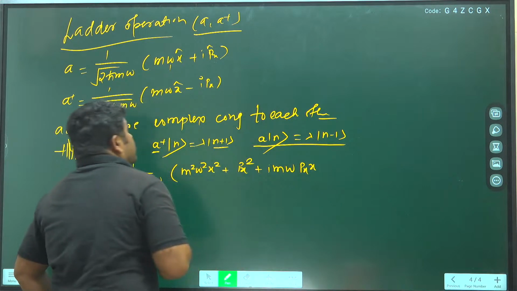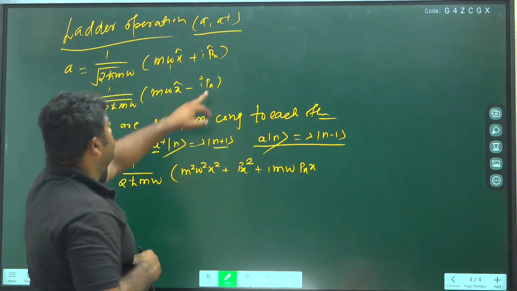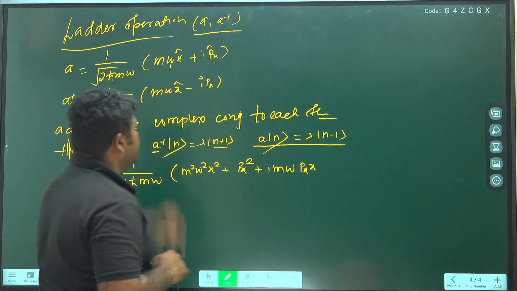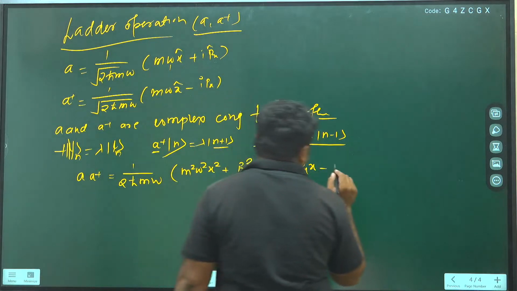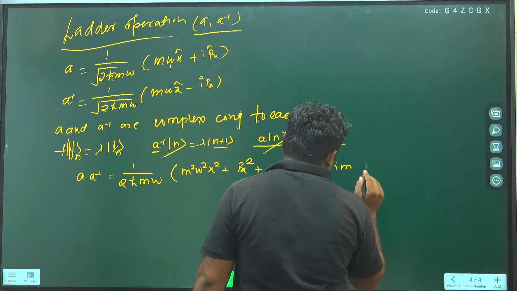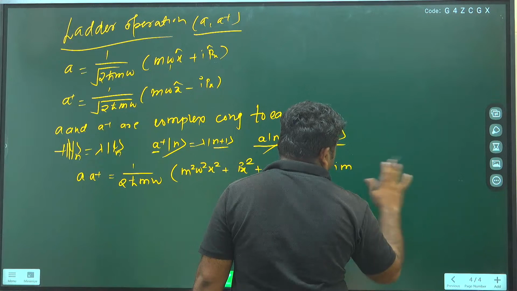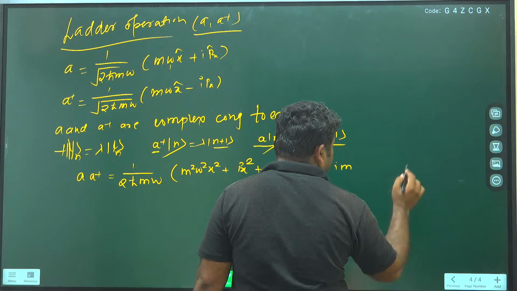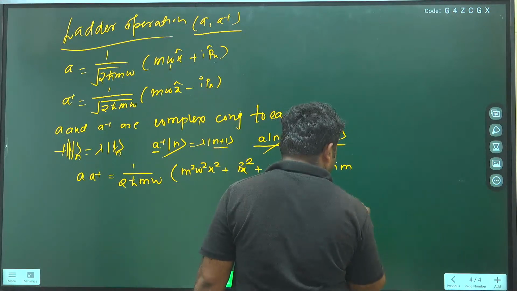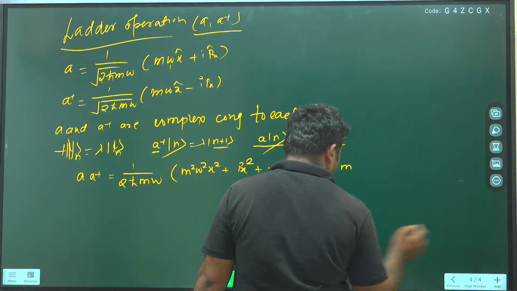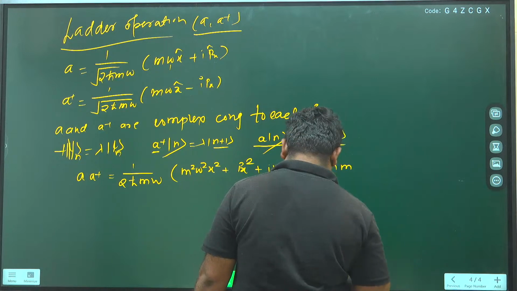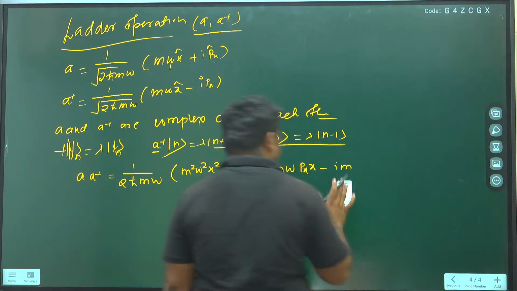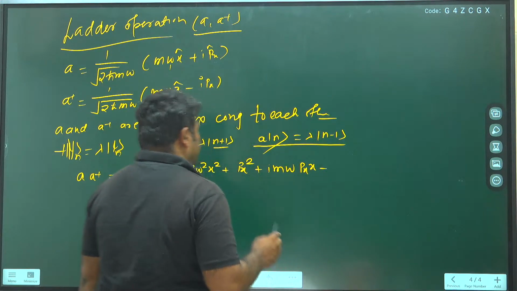Next, what do we have to do second? This into this one. Okay, sorry, this into this one, so x comes first: minus i m omega x px. Next, second one is how much?